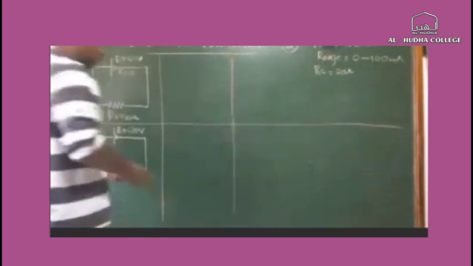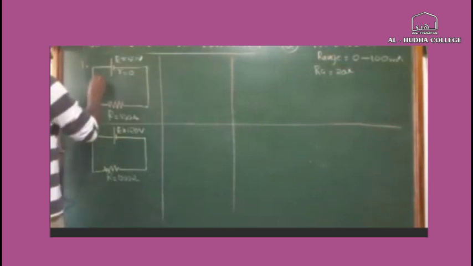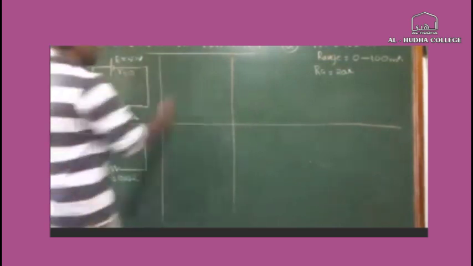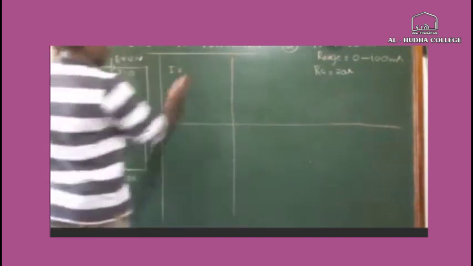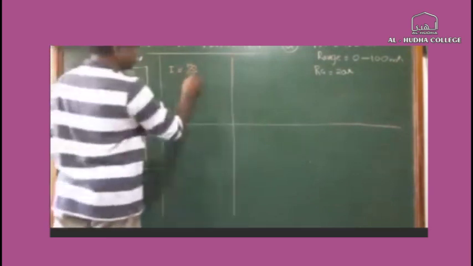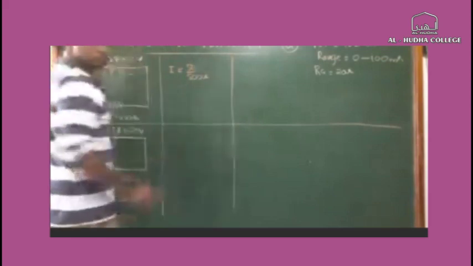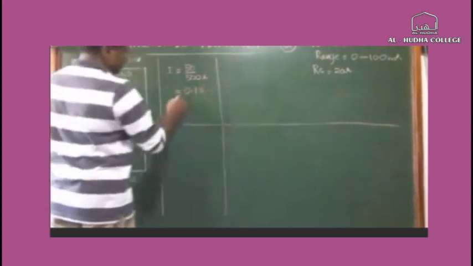The first thing is to estimate the current without the galvanometer. The current here, without the galvanometer, is 50 volts divided by 500 ohm. So that is 0.1 ampere, that is 100 milliamps.